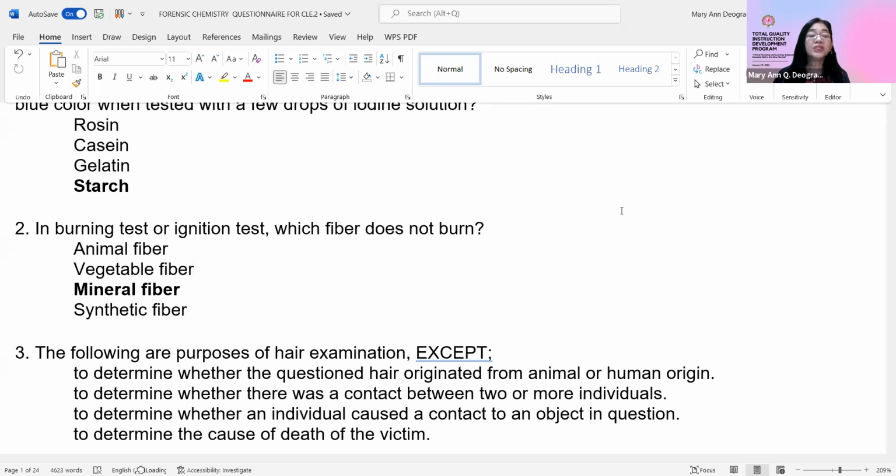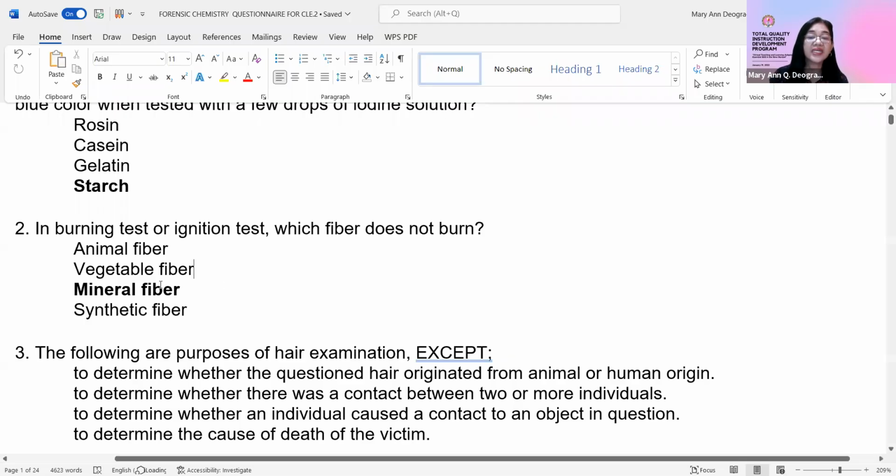Letter B, to determine whether there was a contact between two or more individuals. Letter C, to determine whether an individual caused a contact to an object in question. Letter D, to determine the cause of death of the victim. What is our answer? It's letter D.